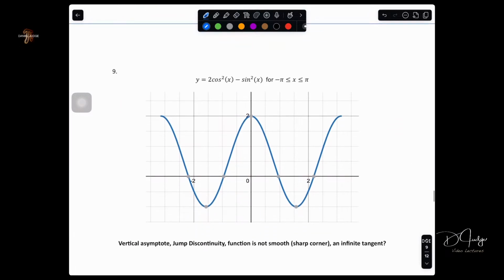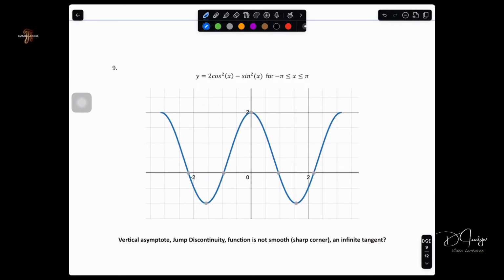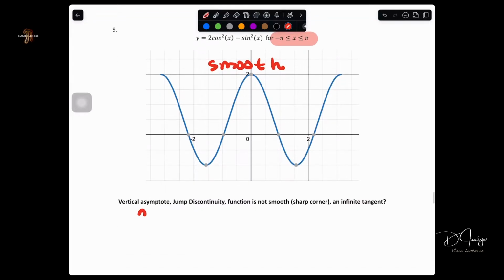All right, look at this. Nice sines and cosines. This curve has a restricted domain from negative pi to pi. This curve looks nice and smooth everywhere. Are there any vertical asymptotes? No. Any jump discontinuities? No. Sharp corners?